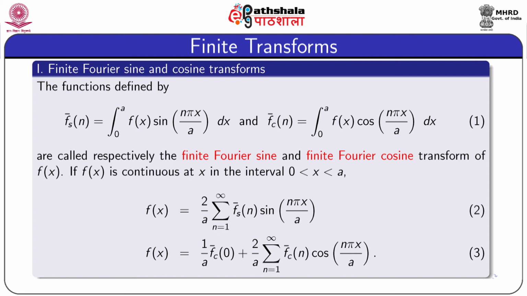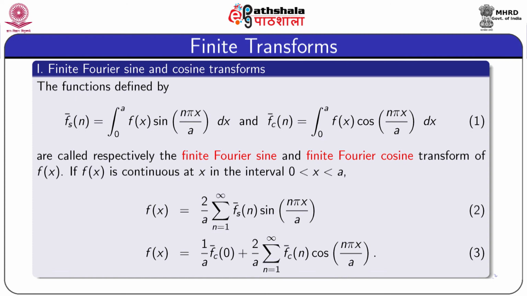Now, if f(x) is continuous in the interval 0 less than x less than a, then the inverse finite Fourier sine transform is defined as f(x) is equal to 2 by a sum over n f bar s (n) into sin(n pi x by a).